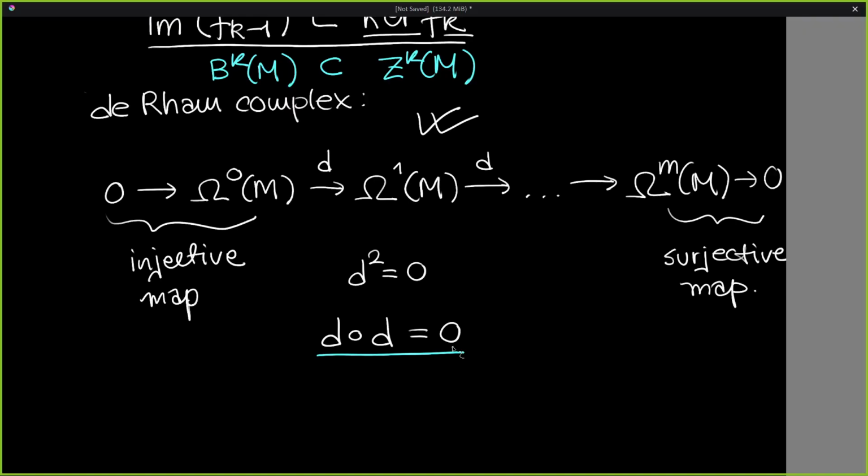And therefore B_k would not be a subset of Z_k of M. And so us trying to find these special forms wouldn't be a well-defined question. And why is that a problem? Because otherwise the geometry would just be inconsistent, and therefore we wouldn't be able to ask this coherent question about the space.